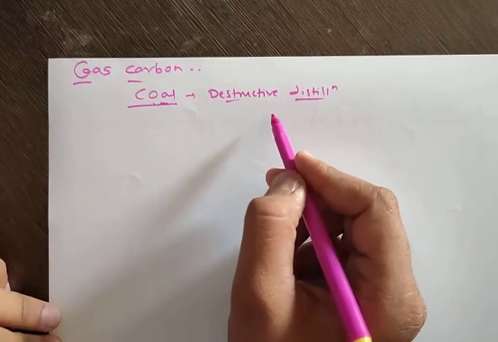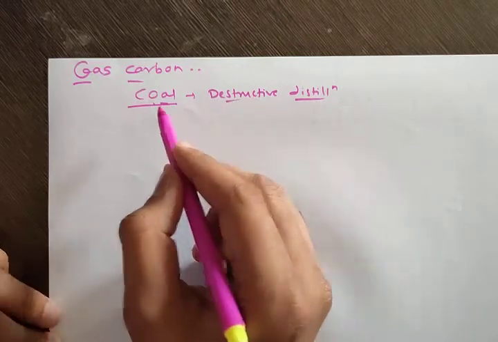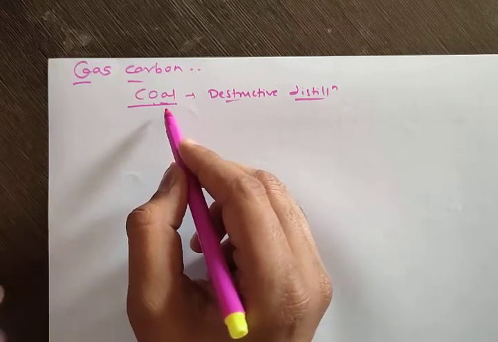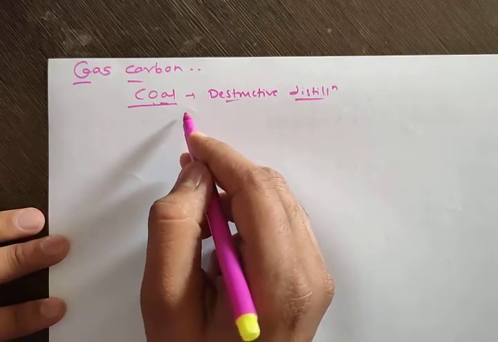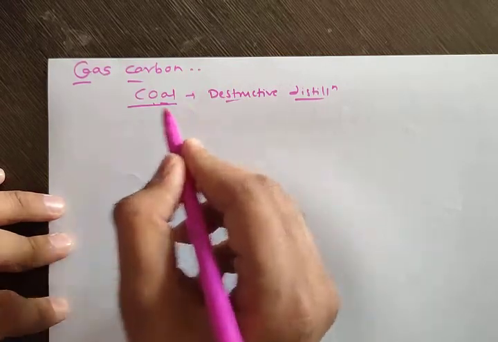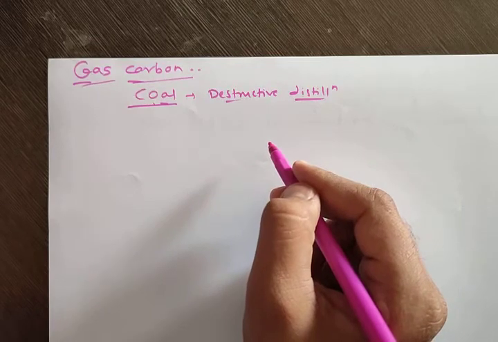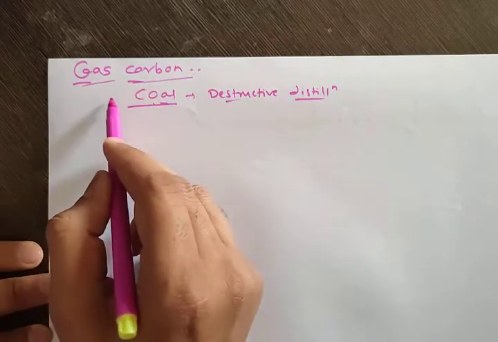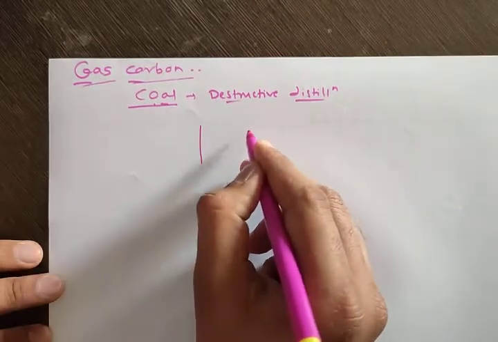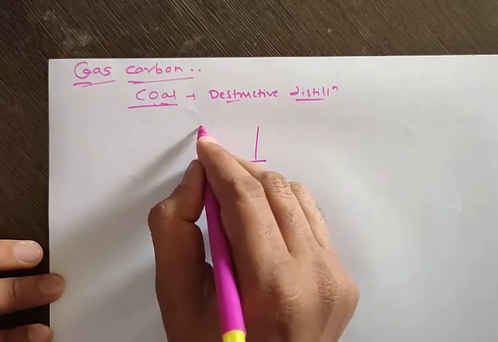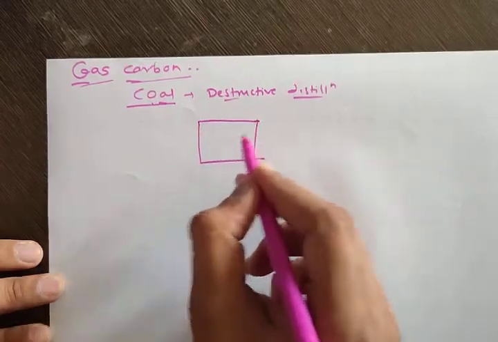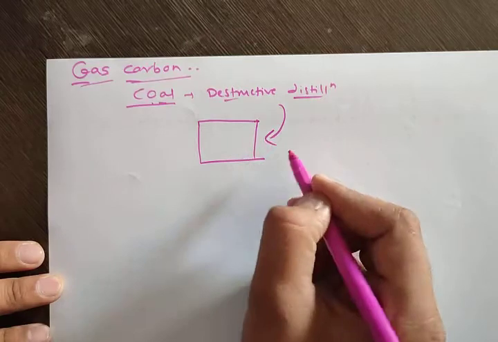Okay, then after destructive distillation of coal, whatever substance remains, that substance is known as gas carbon. Okay, normally one container is taken, and suppose inside this container this destructive distillation is carried out.